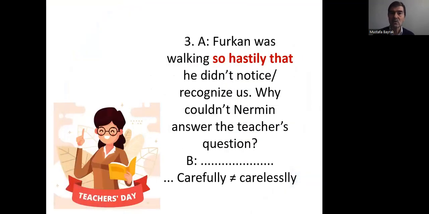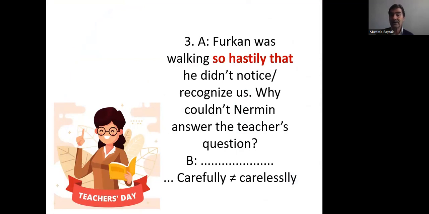Dialogue 3. Furkan was walking so hastily that... Do you see the verb? Action verb, past continuous tense, was walking. Furkan was walking so hastily that he didn't notice us, he didn't recognize us.